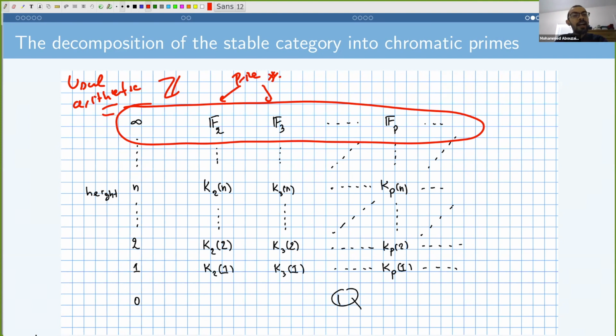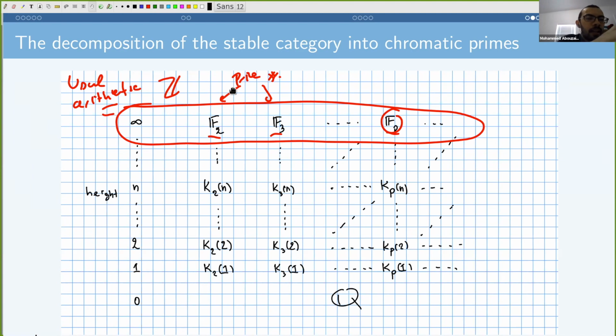You can localize the theory of abelian groups at a given prime, and well, not exactly, but then what you get is the theory of working in characteristic p. So you can work in characteristic 2 or 3 or p or whatever you want. And there's one other prime at infinity in some sense, which is working rationally. But in this picture, it shows up in a different way.